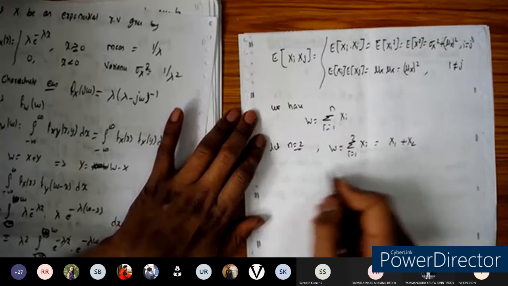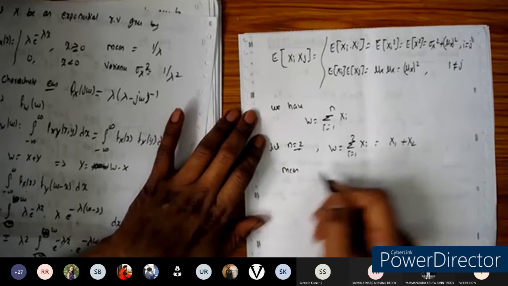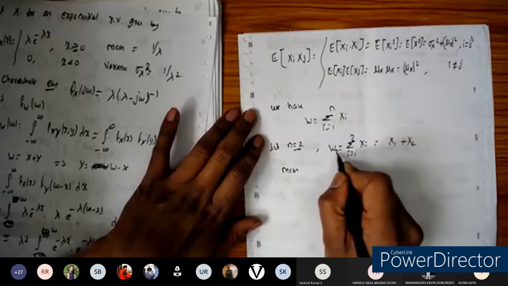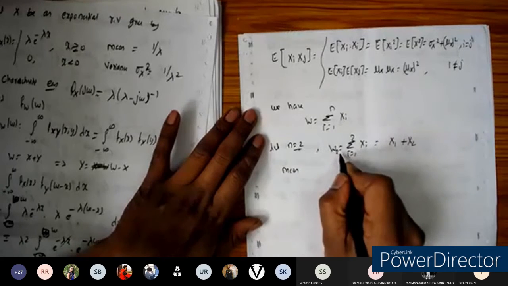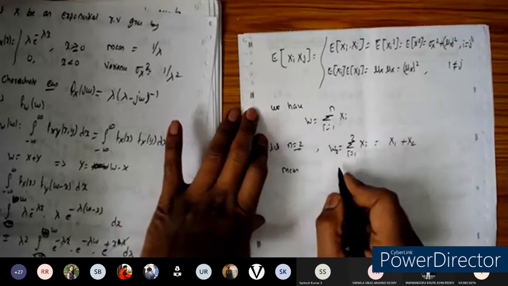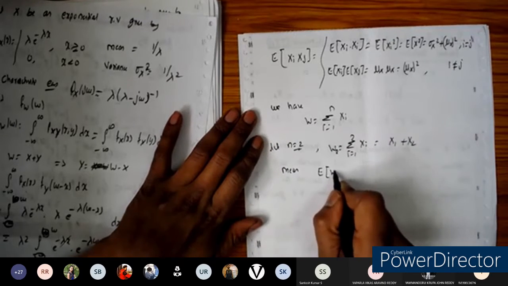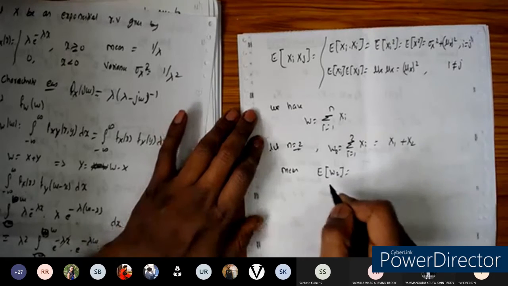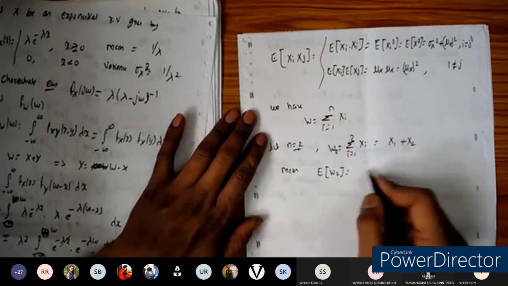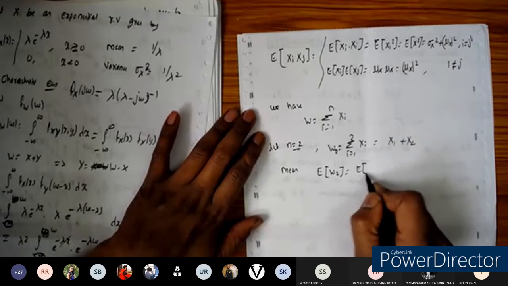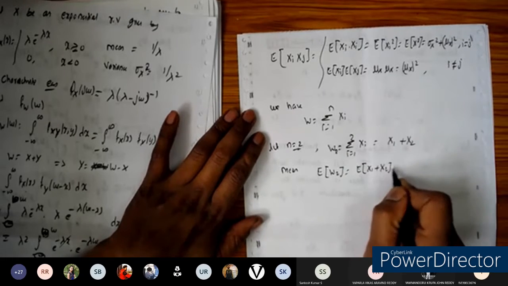Now I'm going to consider the mean of this random variable. Let me call this W2, because the order n is 2. The mean of W2 is the expectation of W2, which is the expectation of X1 plus X2.